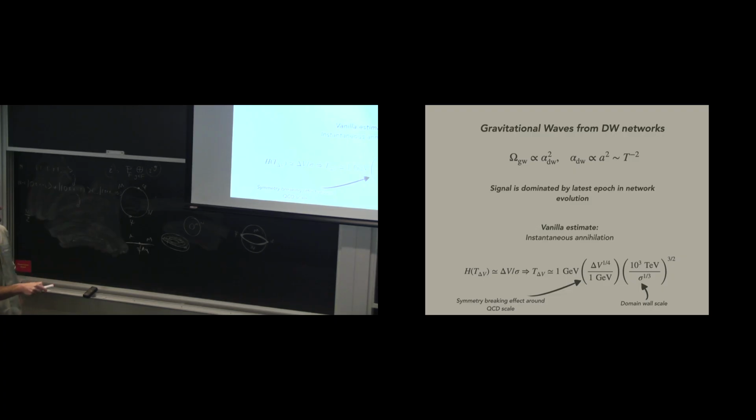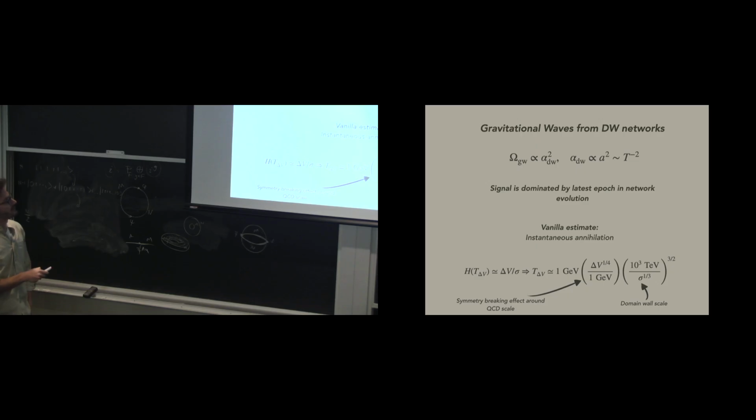They get that the typical temperature of this annihilation is at GeV scales, the one you need if you're thinking of PTAs, for tensions that are around 10 to the 3 TeV cubed, of course, if you're thinking of the tension, and the bias that is around the crossover. So these things are interesting if you want to think about what kind of model building you have to do in order to fit PTA data. But otherwise, I'm not only interested in that, and so you can take this estimate to be general, change the numbers to understand at what temperatures these objects would be active.